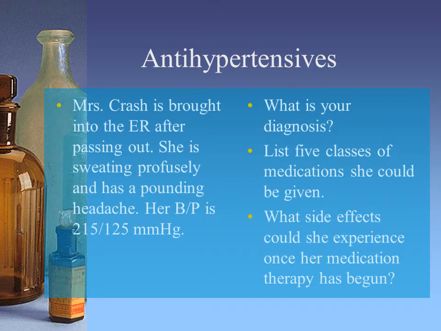Sounds a little off, doesn't it? So, what's your diagnosis? I'm hoping you were immediately screaming high blood pressure at that point, and in fact probably acute hypertensive crisis if you wanted to be more specific. So the 5 classes of medications she should be given would be what?